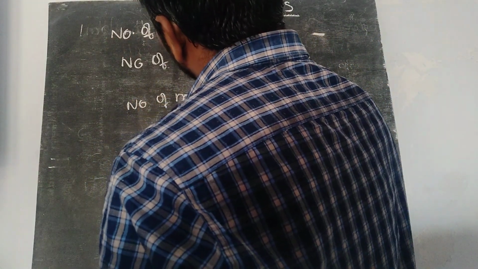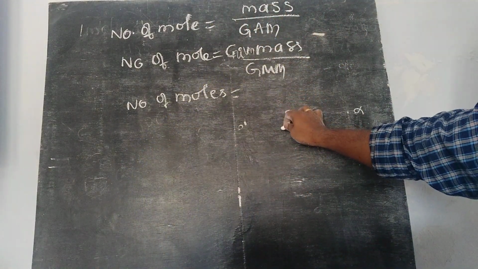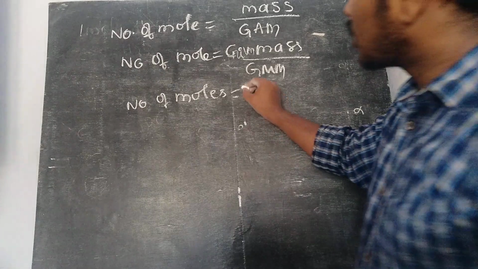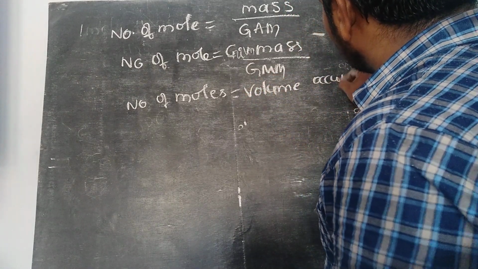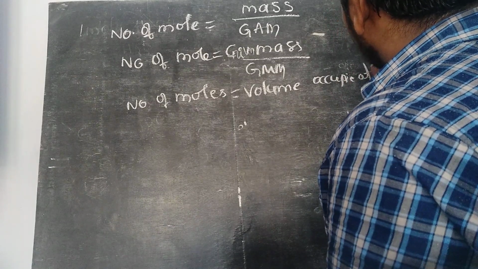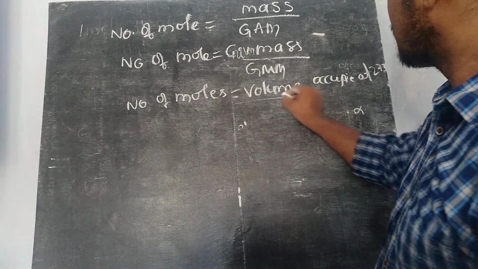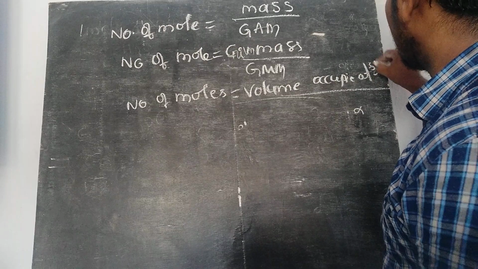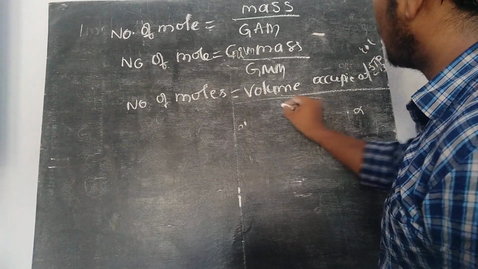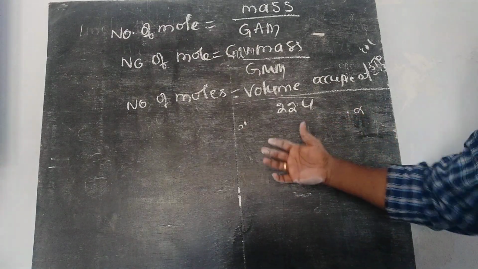For example, the number of moles in a gaseous substance: the volume occupied at STP in liters, remember, in liters, divided by 22.4 liters, gives you the number of moles.